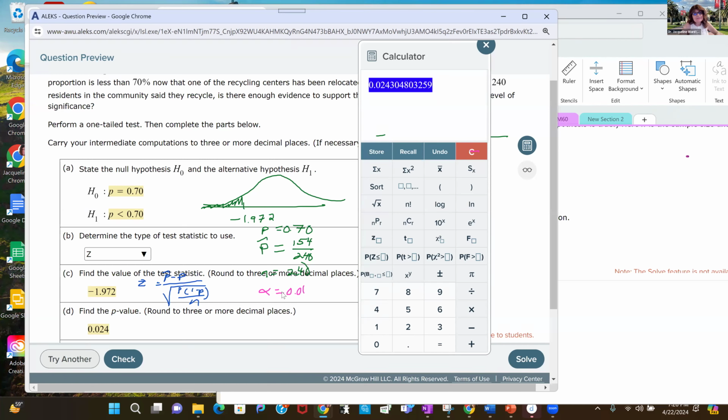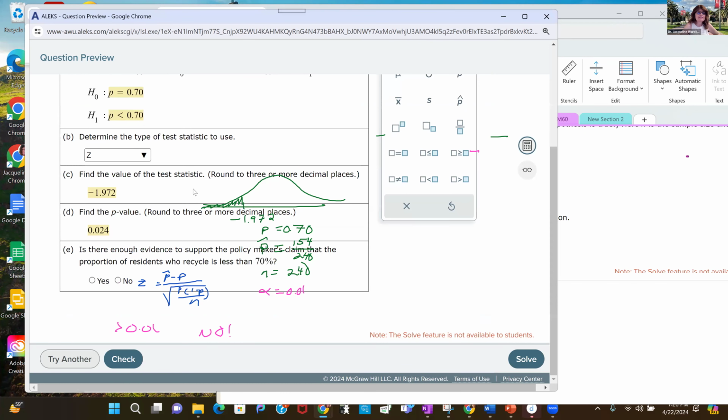Small as it is, it's bigger than 1%. So the answer is no. We don't reject the null hypothesis. Okay.